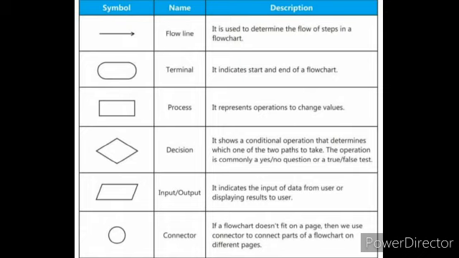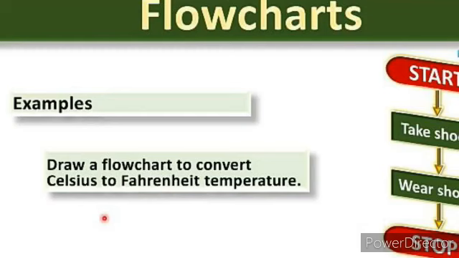Now we are going to discuss an example of a flowchart. Here is the question: draw a flowchart to convert Celsius to Fahrenheit temperature. So, how to draw a flowchart for this problem?